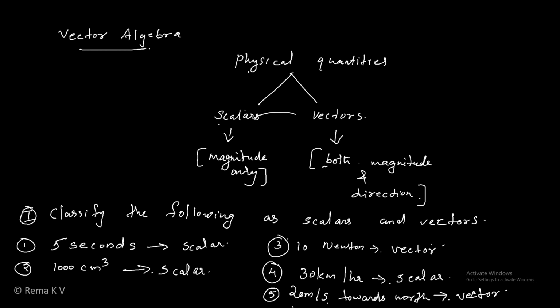See, in case of physical quantities, these are scalars and vectors. But here, in this chapter, we are going to learn about vector algebra, that is algebra of vectors. In algebra of vectors, we have to learn addition, subtraction and multiplication of vectors.